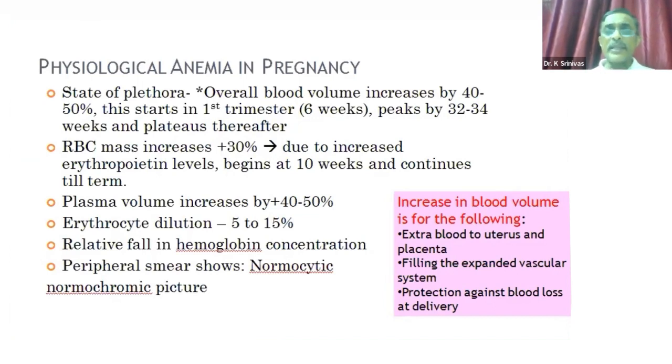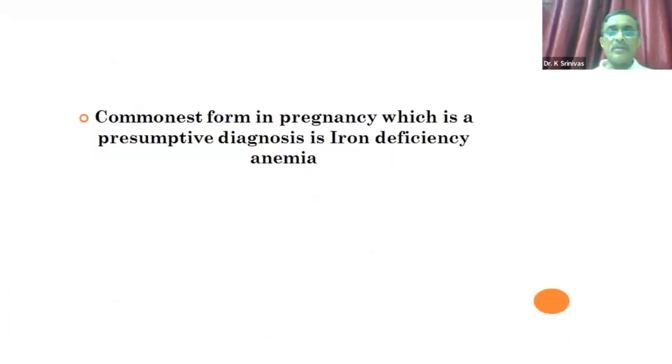And that is why the mid-trimester, from where you always expect a rapid change in the hematocrit of the patient, is the time when you expect the lower threshold for hemoglobin when we define anemia. That's why we have kept 10.5 as the cutoff for the mid-trimester, right?